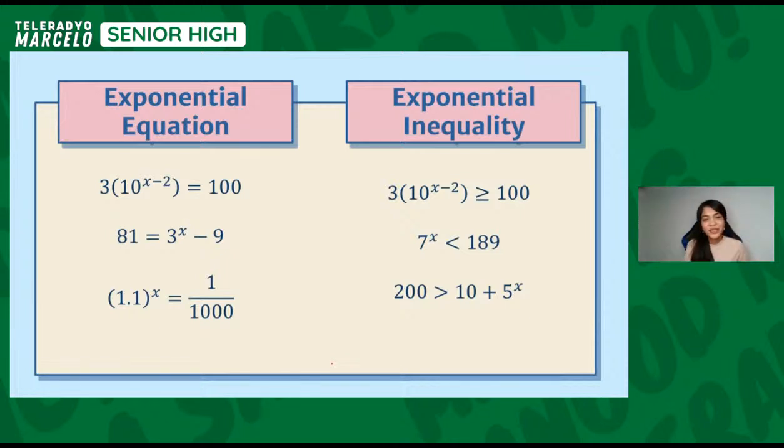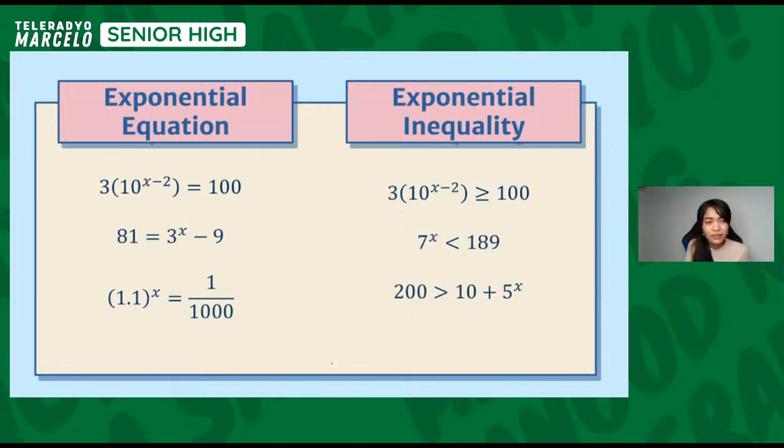Okay, so time is up. Some of the observations that we can get from here are the following. Both of them contain exponential expressions, right? Also, only one variable is involved, which in our case here is the variable x.